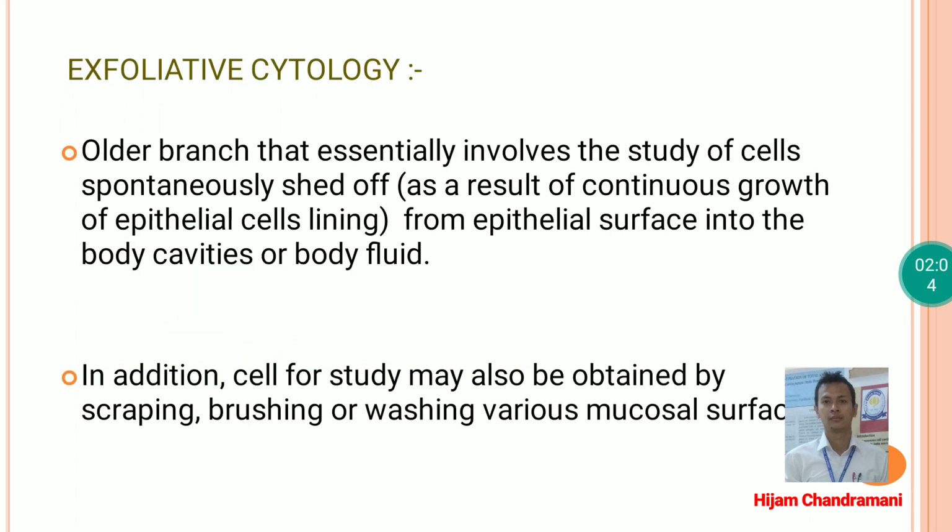Exfoliative cytology is also known as the older branch that involves the study of cells spontaneously shed off from the epithelial surface, the epithelial lining, into the body cavity or body fluids.